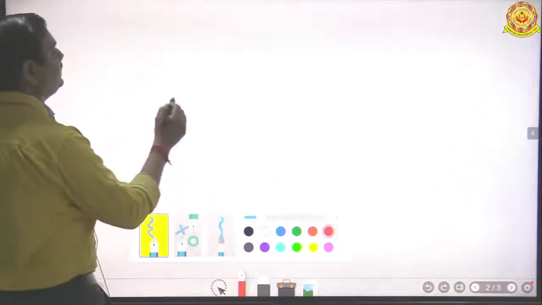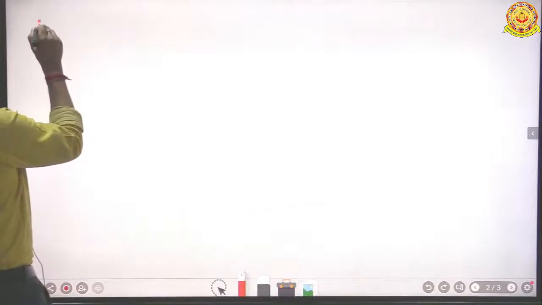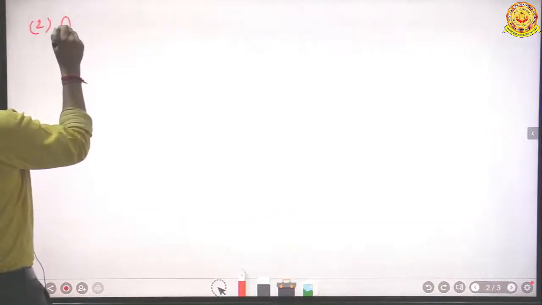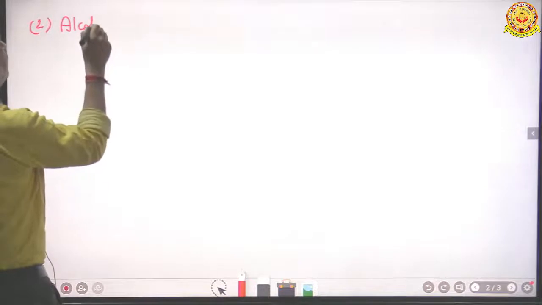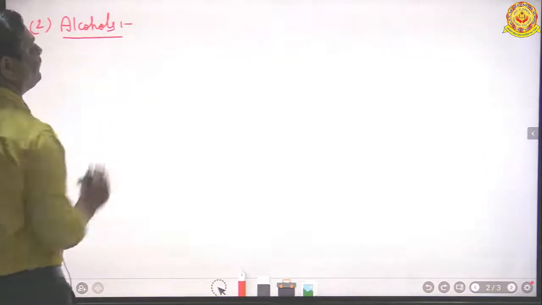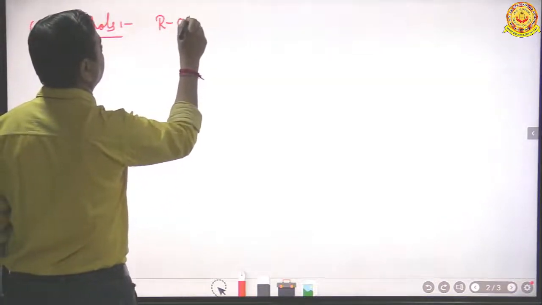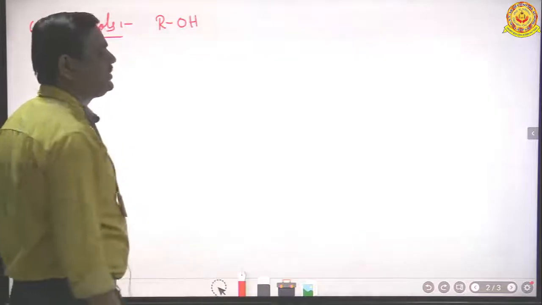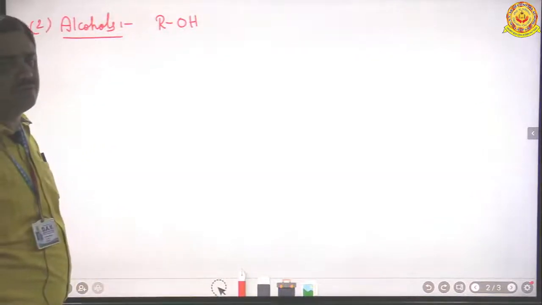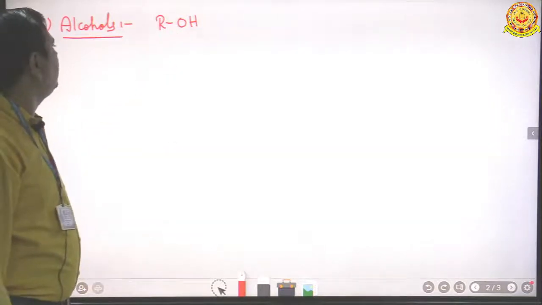Now we are coming to the next group, which is alcohols, in which we use OH. If an OH group is attached to the hydrocarbon ring or chain, it will be called an alcohol.